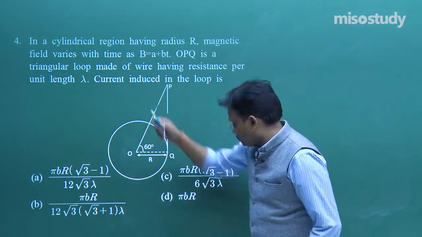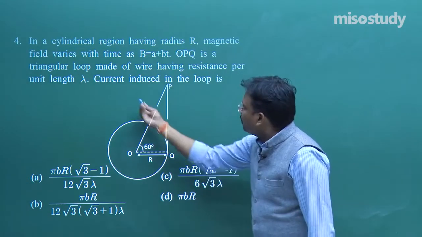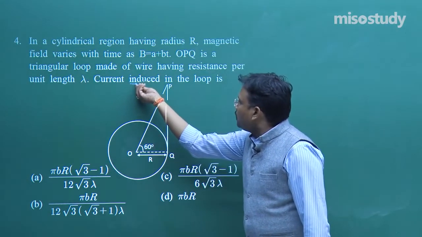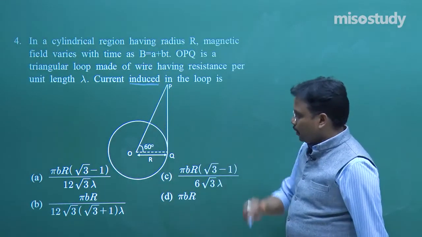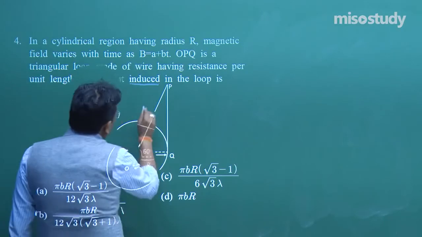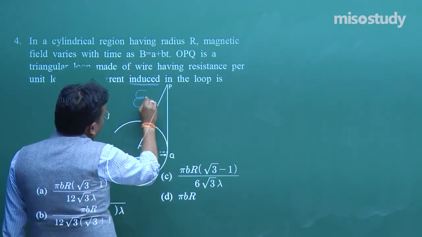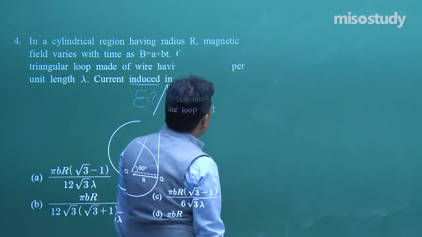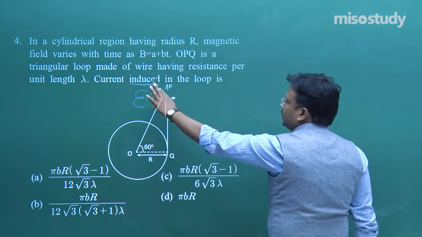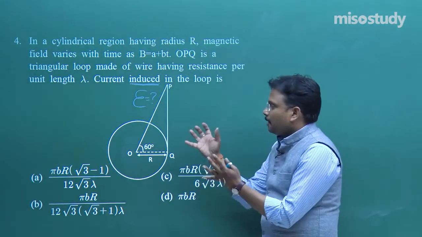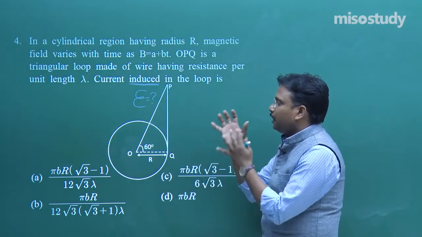Induced, I think I should use this different color chalk. Induced. So what exactly is required over here? Required is this induced electromotive force. Only this will give you induced current. Now what exactly is the basic idea of the problem?